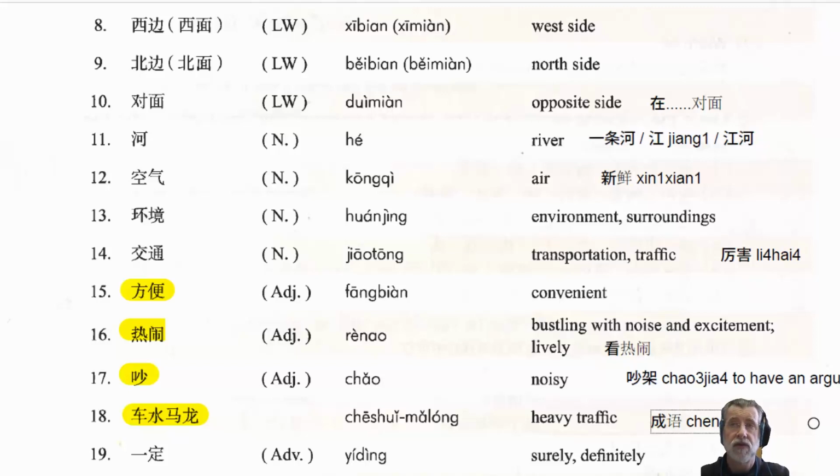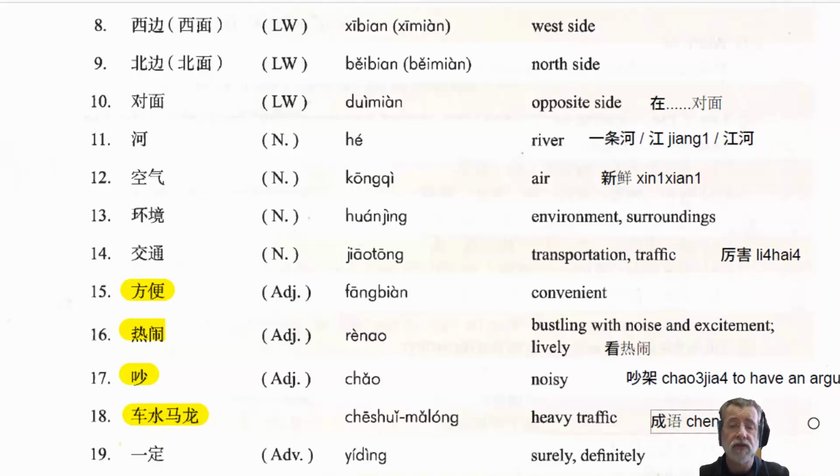So we tend to not use them. But very definitely in China, if you use 成语 in your speaking and in your writing, and you use them appropriately, it's a sign of education. So it's looked up to. It's a good thing. So it's very different from here.